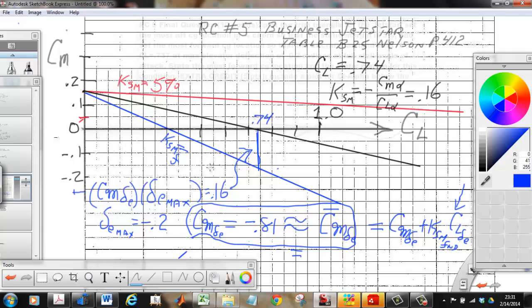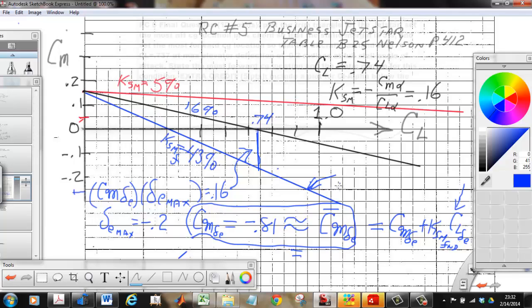So the slope of this KSM is going to be 43%. So the difference in slope will be from 16%, which was this static margin, to 43% forward.